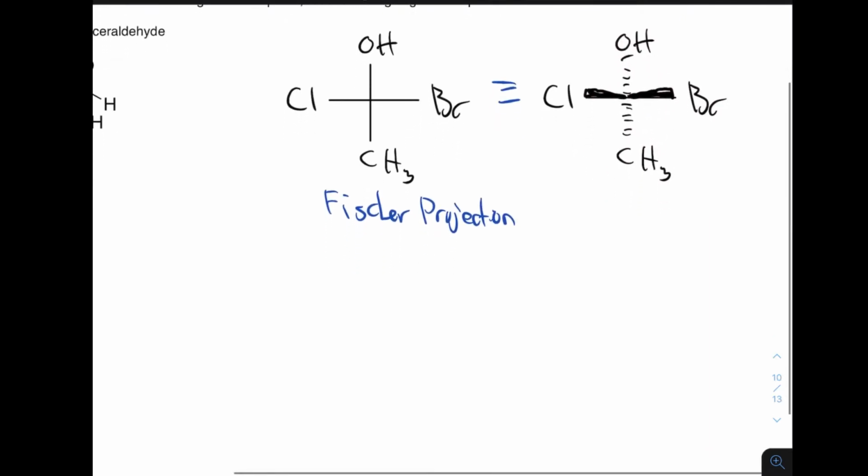So what we have to do to orient this back into a familiar setting for us is we have to sort of turn it, okay? Turn it and point it towards us.